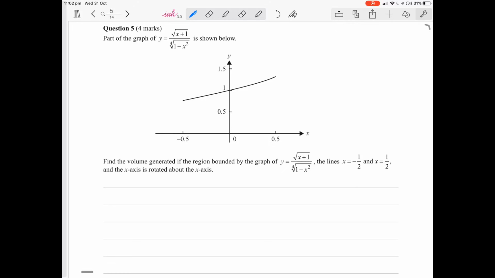Okay, for part of the graph, y equals root x plus 1 on the fourth root of 1 minus x squared. I wonder if you can do anything with that.